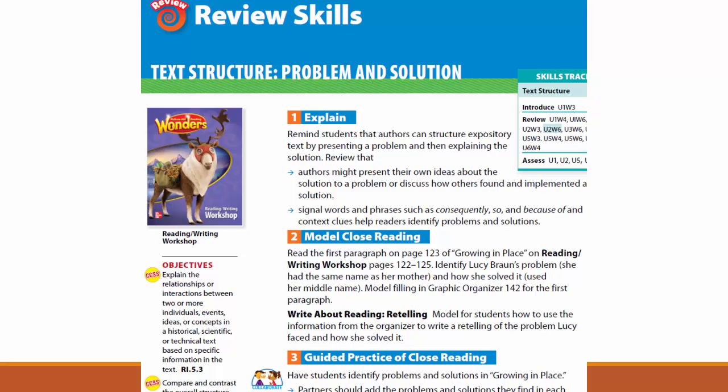And I thought, just before we decide to give an assessment, it might be something to do a mini lesson using the text and using the Reading Writing Workshop book. As you notice at the top here, there's a skill tracker also. So you can see where that has been taught previously and where it will continue to be taught, and also in what units it will be assessed. And of course, this is 5th grade.